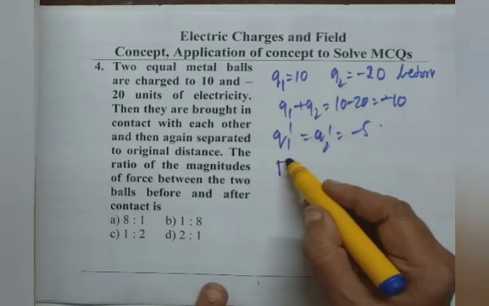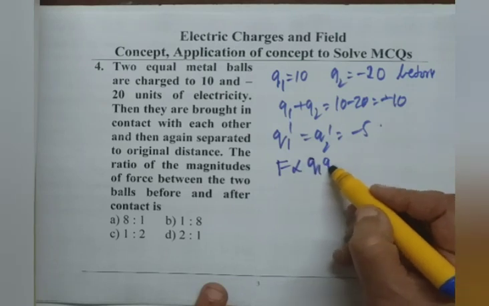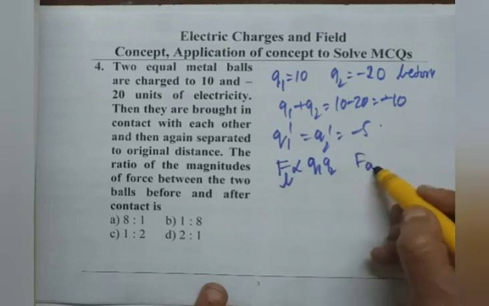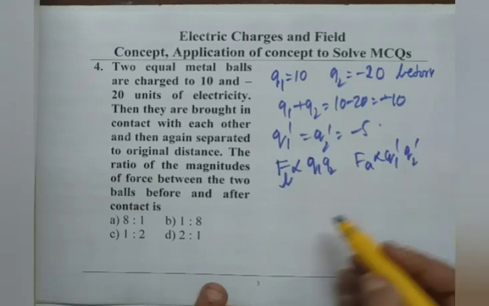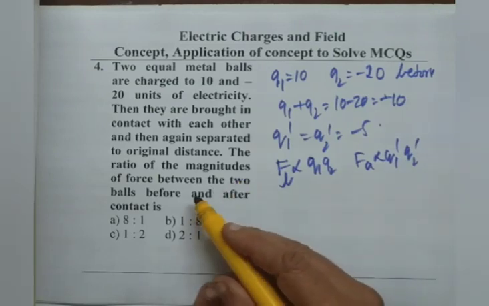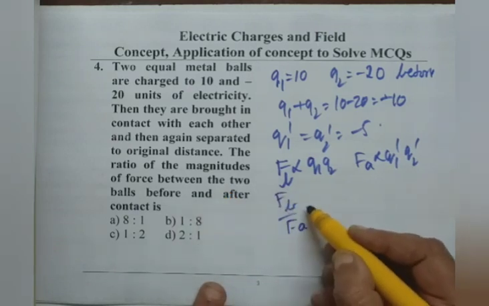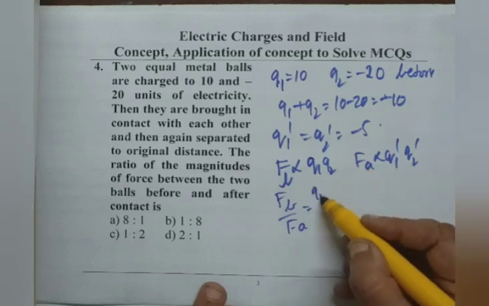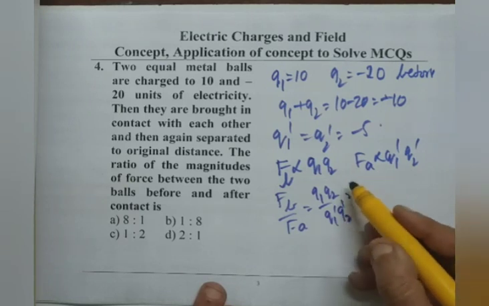We know force is proportional to Q1 Q2. Force before is FB. Force after is proportional to Q1 dash Q2 dash. Therefore, we are asked to calculate the ratio of before and after. We write FB by FA, which is equal to, proportionality constant is removed, Q1 Q2 product by Q1 dash Q2 dash product.